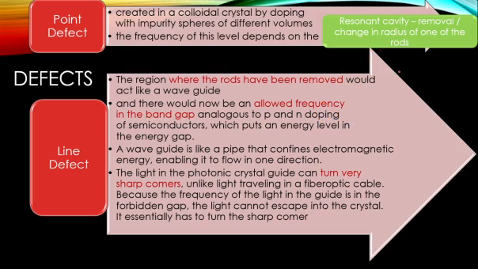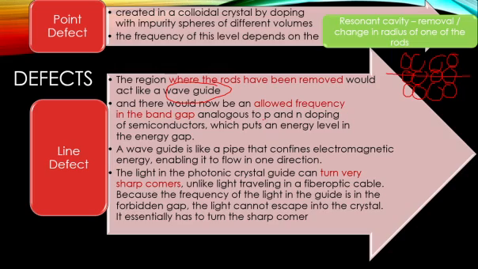That means if you have many spheres forming a three-dimensional assembly, and one line of spheres has been changed, it is not about a single sphere or rod, but the whole line of spheres or rods has been removed or changed, that will act as a waveguide. That would allow a range of frequencies to be allowed within the band gap.